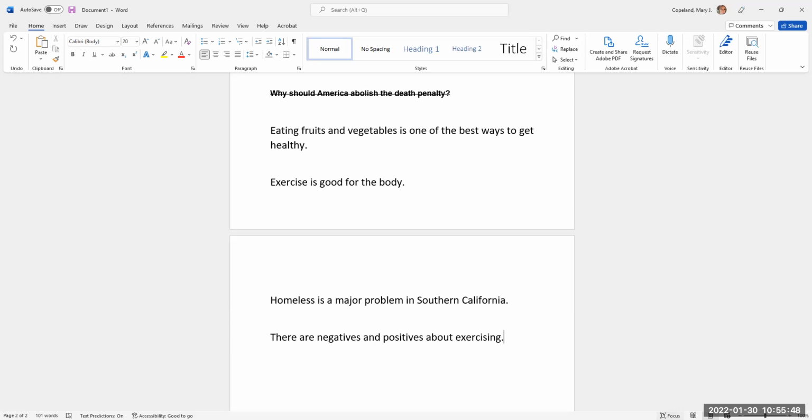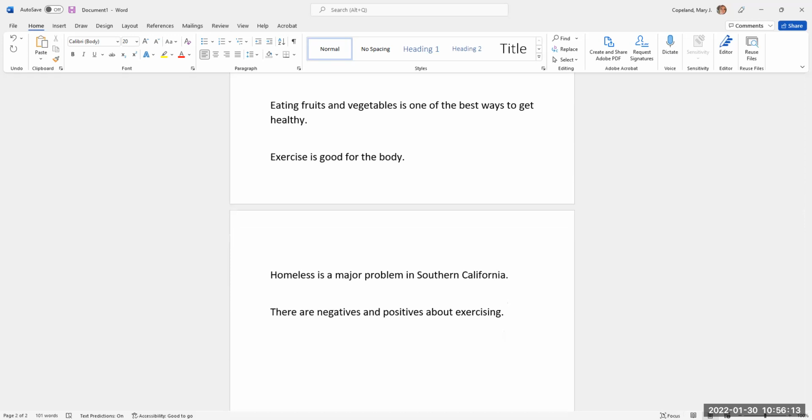So that might be a negative, but saying there's good and bad to something does not make a very good thesis statement at all. Even if you say the negatives outweigh the positives, those are really poorly thought out thesis statements and don't make strong ones. So you want to stay away from the whole negatives and positives thing.